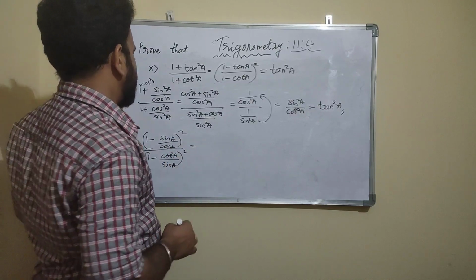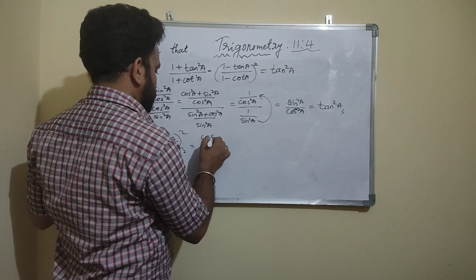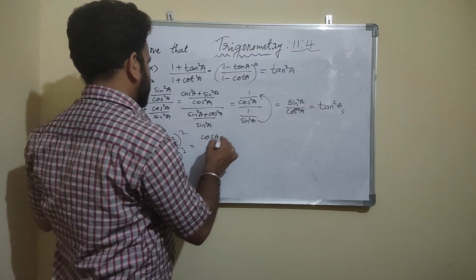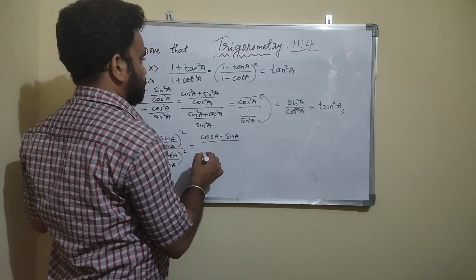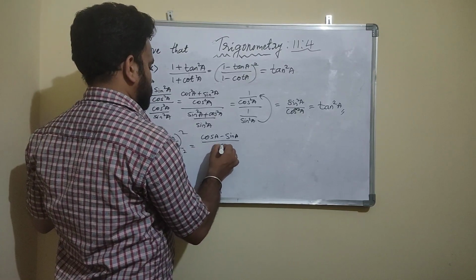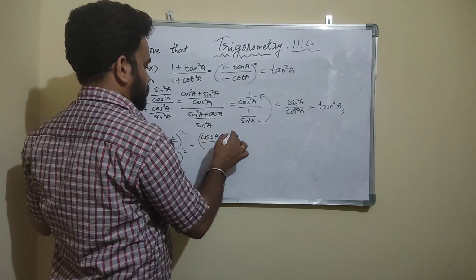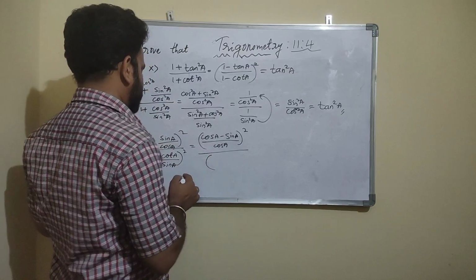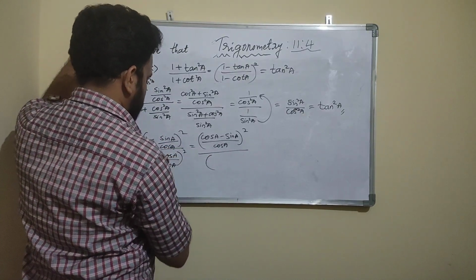So what I got here is cos a minus sin a, whole by cos a, whole square as it is, divided by, here what I get, this is cos, okay, cos.